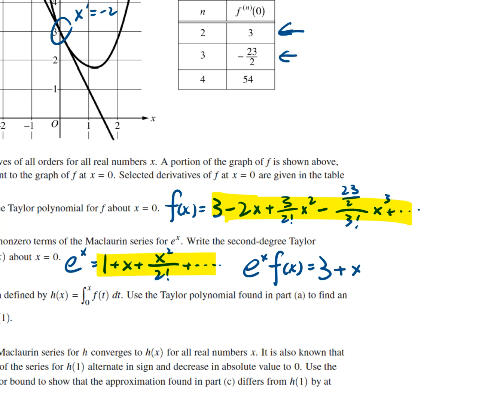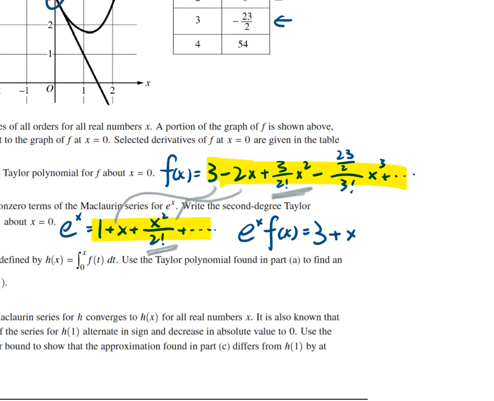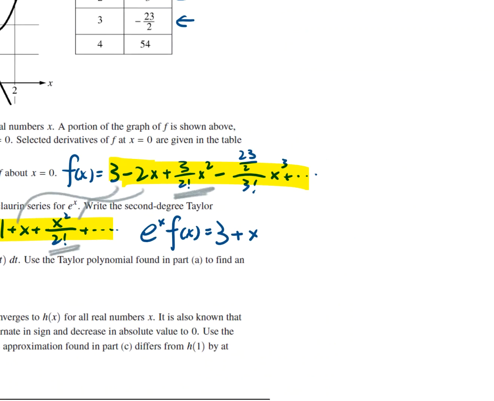The second degree term is, we have 3 times this, and negative 2 times this, and then we also have the two second degree terms themselves. And so the entire thing becomes negative 2x squared plus 3x squared over 2 factorial plus 3x squared over 2 factorial.